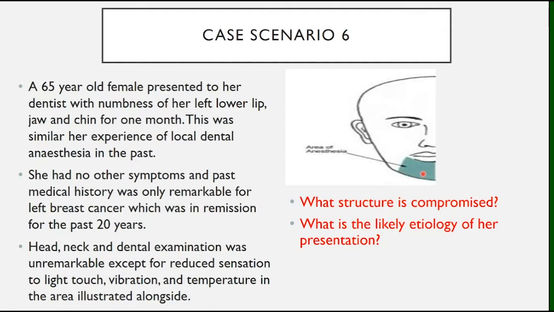To the jaw? Yes, it's a very common site and a common presentation of metastatic disease. Some people present with numbness of the jaw as the first sign, so don't dismiss people when they say that the jaw is numb. You need to really evaluate them. She had a scan which confirmed metastatic breast cancer. This is called numb chin syndrome.